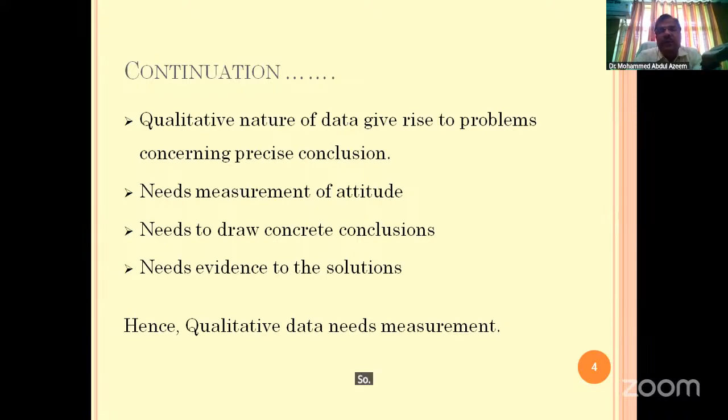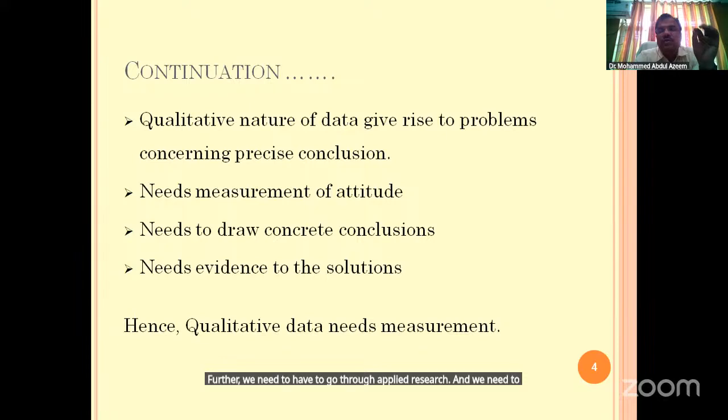So, what anybody expects in research is evidence for the solution. For that, we need to go to applied research and we need to use an instrument which quantifies your qualitative aspect.